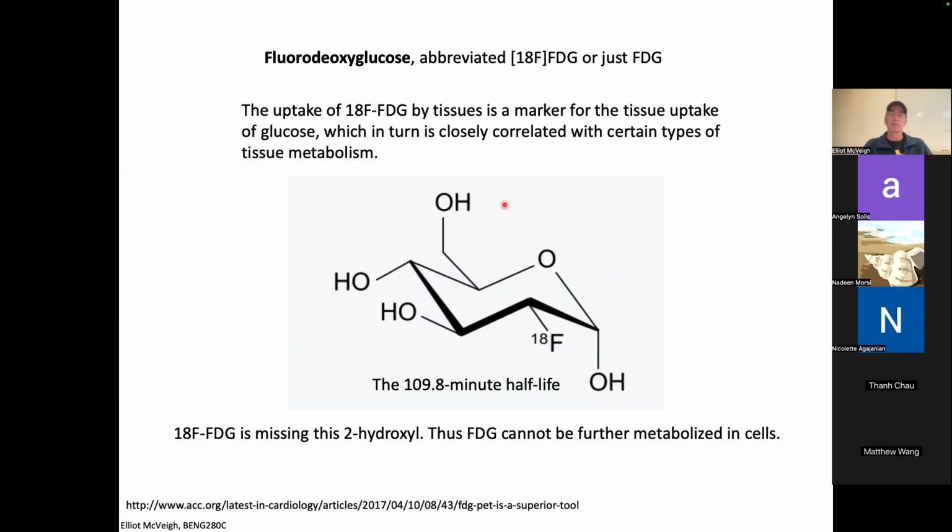So this is what that 18F FDG looks like. If you remember from organic chemistry, if you took that as an undergrad or in high school, there should be a hydroxy group there, and they just replace it with this. And so it just looks like a sugar, right?